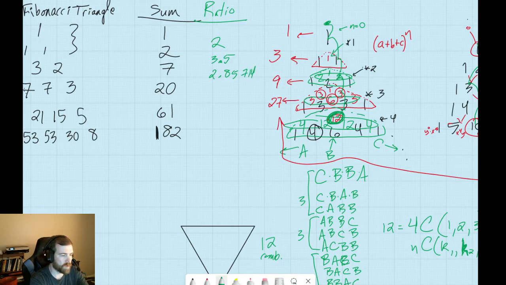Okay, 61 over 20, it's going to be 3.05. We've seen something like this before, right? When we took just the Fibonacci numbers by themselves and found the ratio between their successive terms, it gets us the golden ratio, or it will approximate the golden ratio eventually. So 182 over 61 is going to be 2.98. 3606.